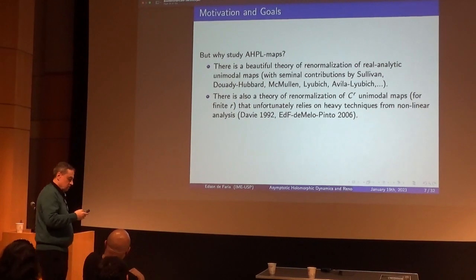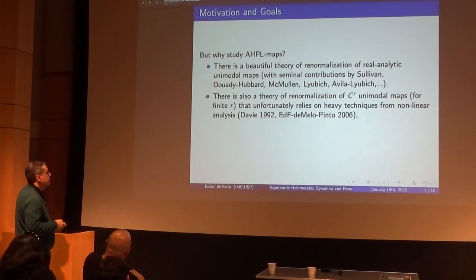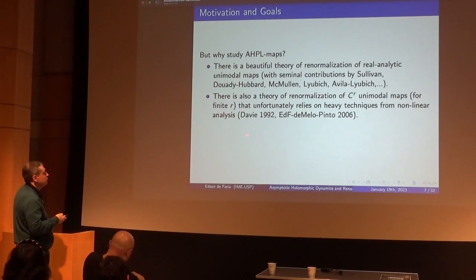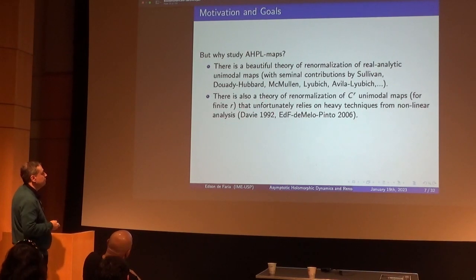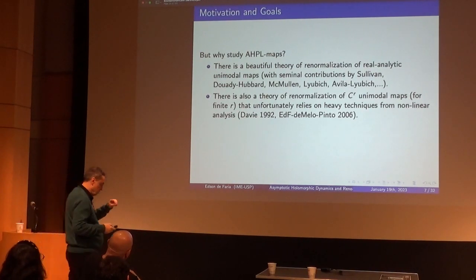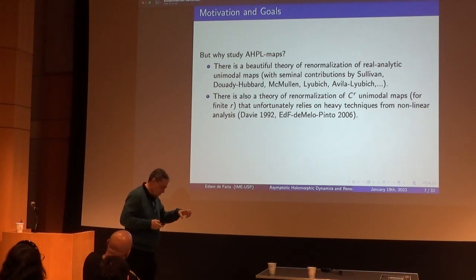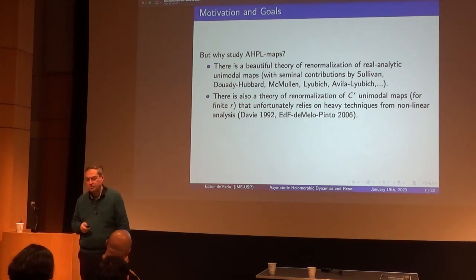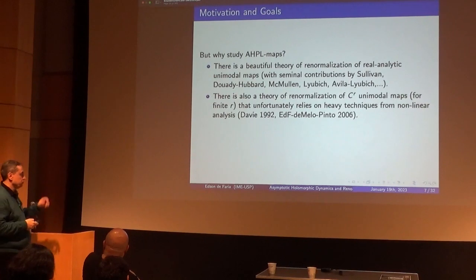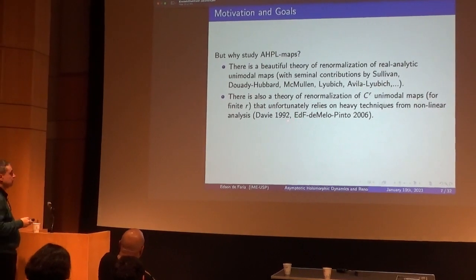Anyway, there is a work of the functional analyst Davy in 1992. He was able to prove something about C2 plus epsilon maps in the period doubling case. Maybe I'll mention that later.